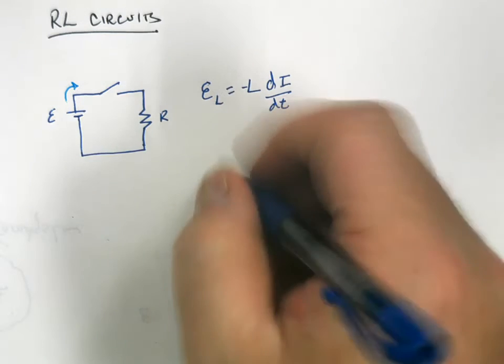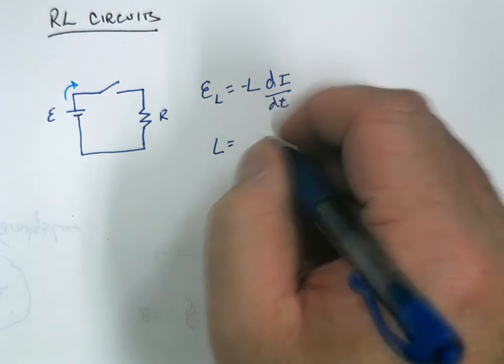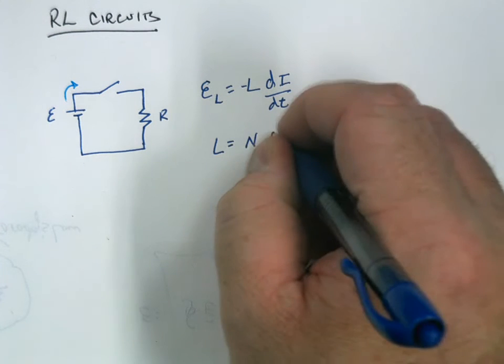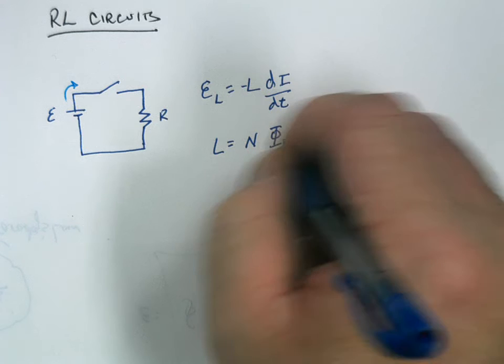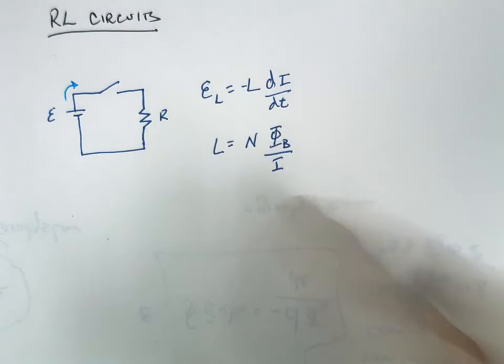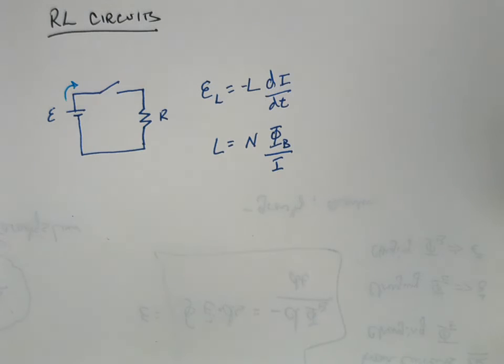We also know that L equals the number of loops times the magnetic flux over the current.